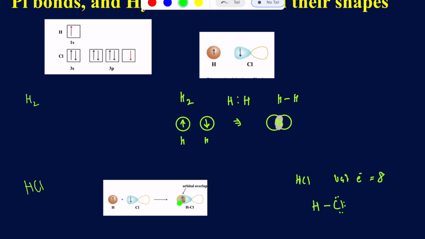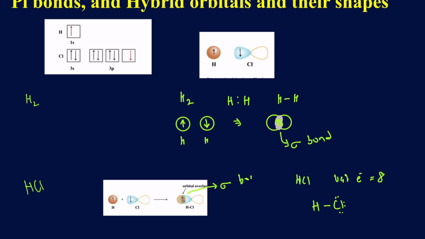Remember, your hydrogen s orbital is a sphere, and your p orbital from the chlorine is a dumbbell. So you get this end-to-end overlapping, and this is how you actually make a sigma bond. Whatever you're making right here is going to be the sigma bond, which is actually a single bond. I will talk about the sigma bond again in a little bit, but that's how you really make sigma bonds.